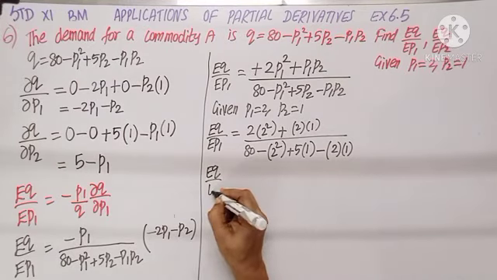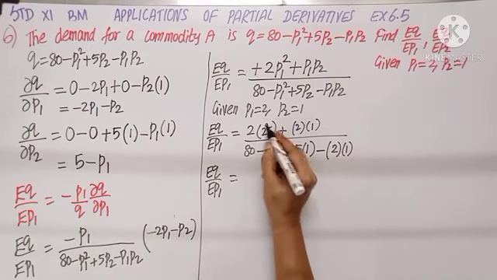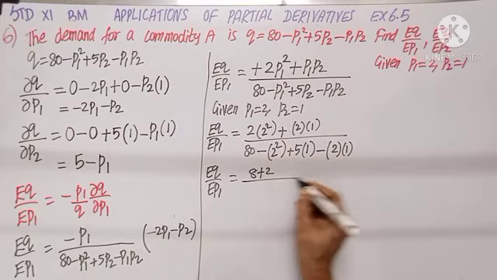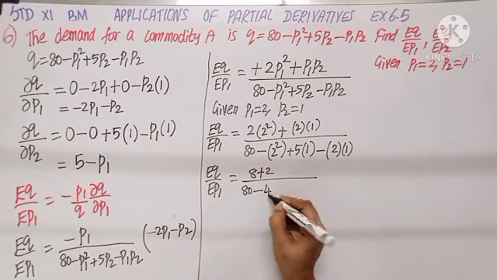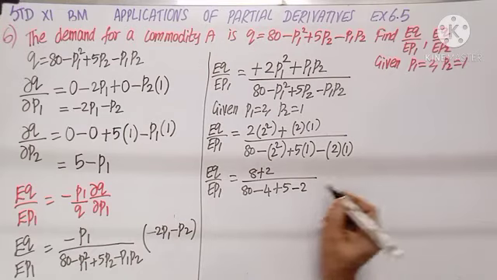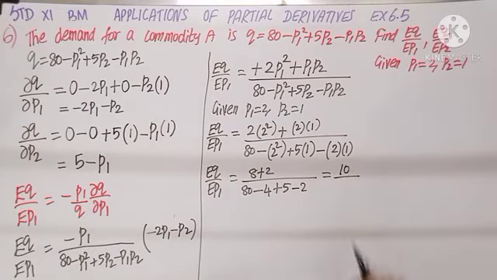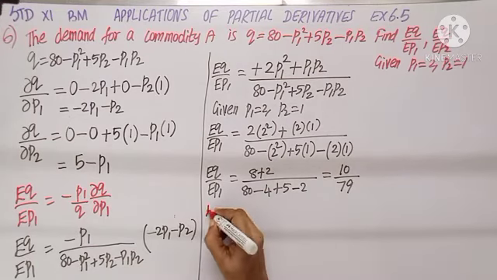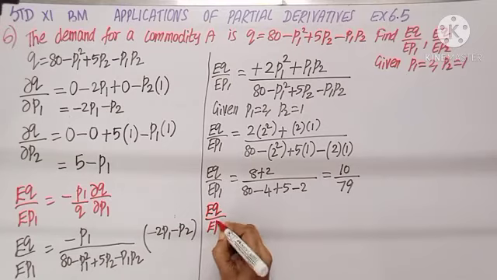As we simplify, 4 2s are 8 plus 2 by 80 minus 4 plus 5 minus 2. Simplifying, we get 10 by 79.